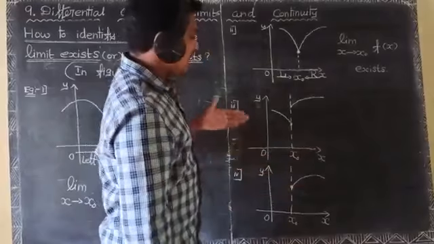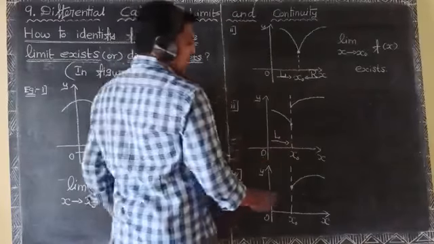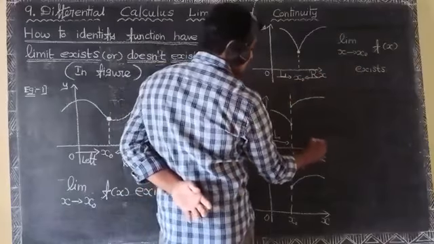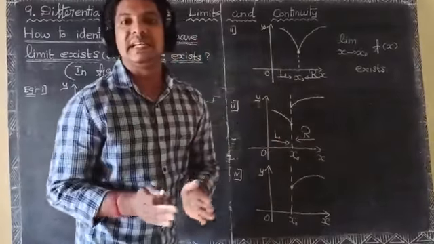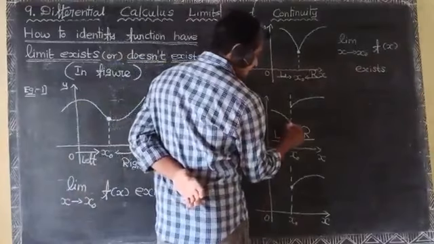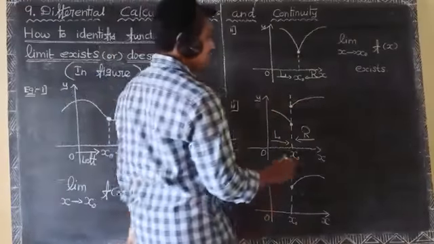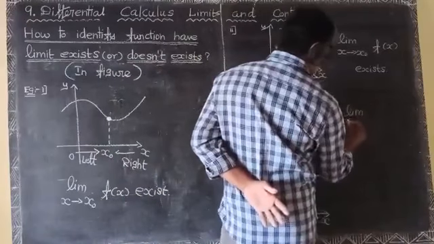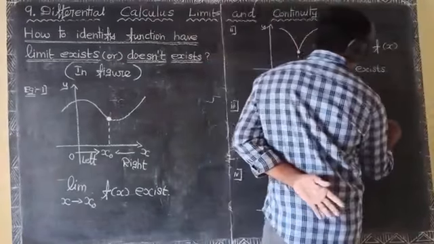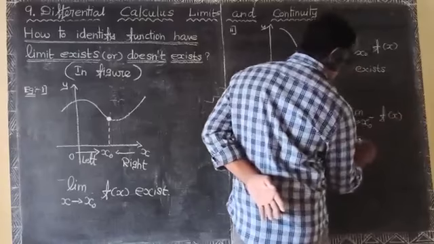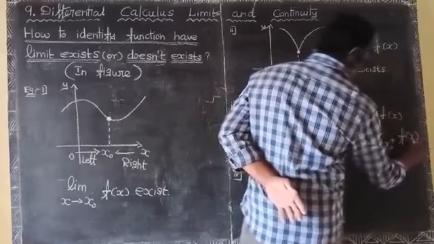As x approaches x naught from the left side, it has some value, and as x approaches x naught from the right side, it has another value. Both values are distinct, meaning two different values. Therefore the limit as x tends to x naught minus of f of x is not equal to the limit as x tends to x naught plus of f of x.